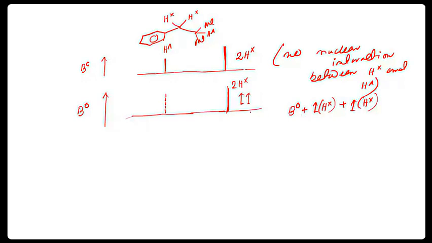Two protons, that's why two magnetic fields. So here the splitting will be quite higher. This is basically B effective in this case. So we will have HA here. This is HA. There will be other possibilities.